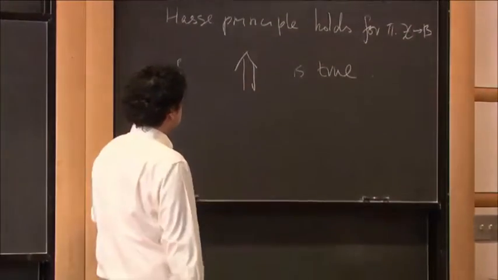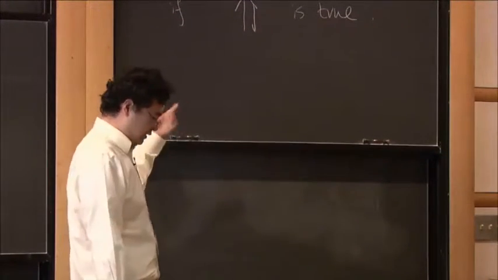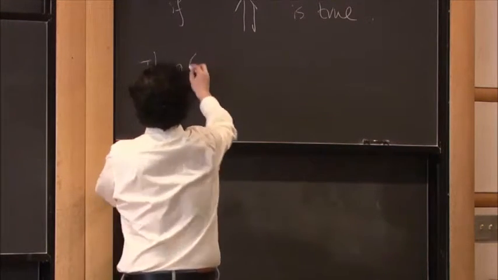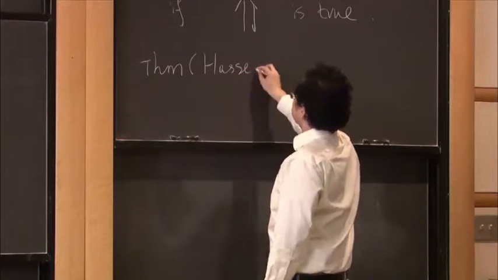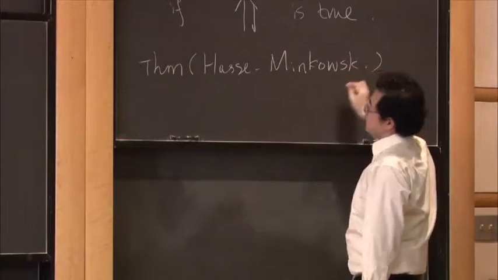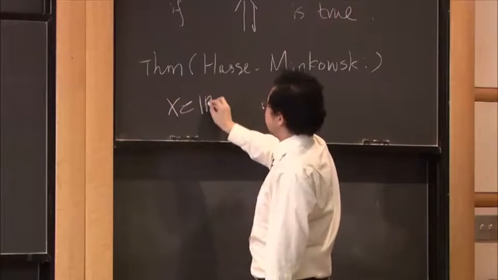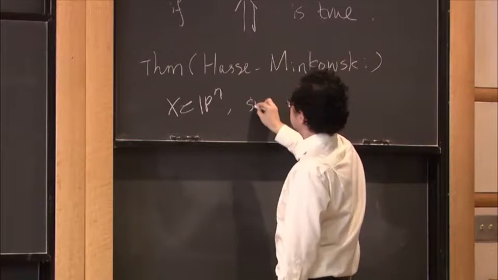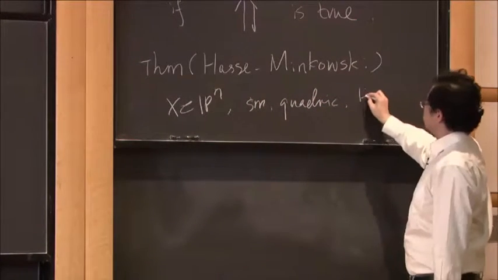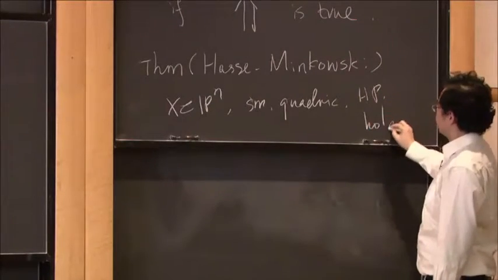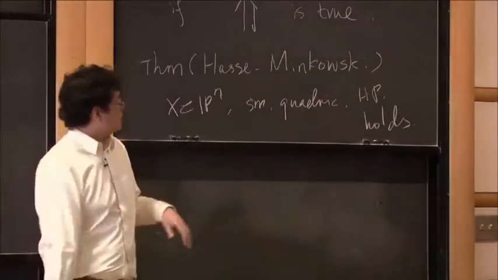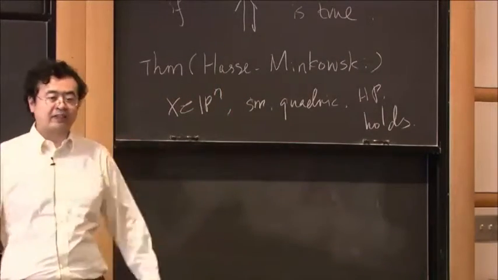So then you can ask, what is an example of a variety such that the Hasse principle holds? This is really a classical theorem due to Hasse and Minkowski. If X inside of P^n is a smooth quadric, then the Hasse principle holds. This is the first example, and also this explains the name of the Hasse principle.